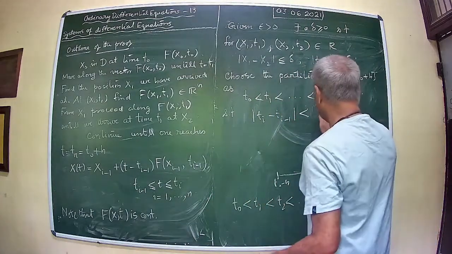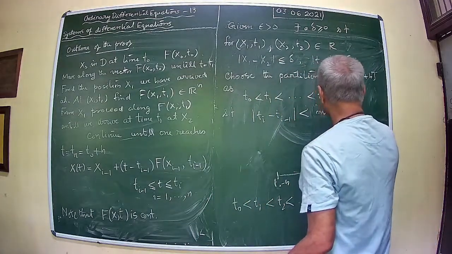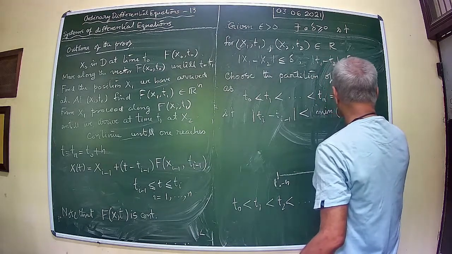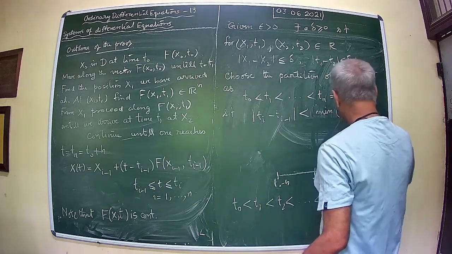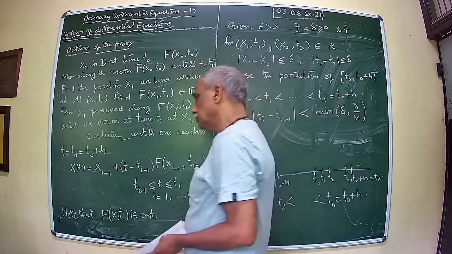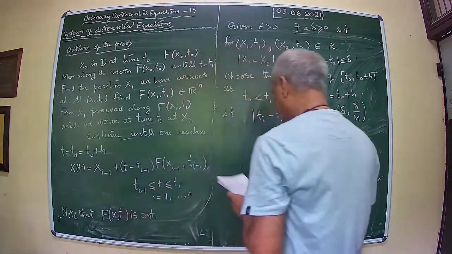Sorry, less than the minimum of delta and something else, okay. Now you can estimate.